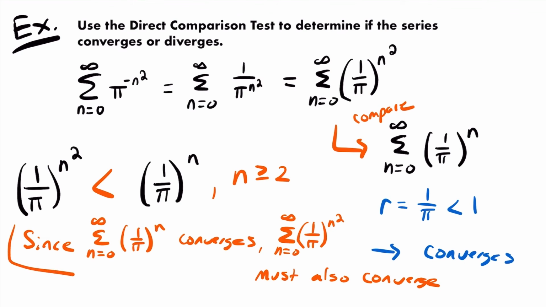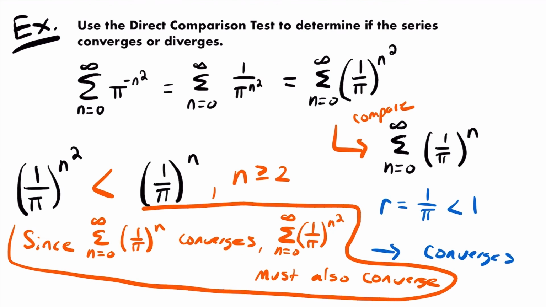All right, and so that is the final solution to this example. We found a bigger series to compare to our original series that converges, and so the original series also converges.